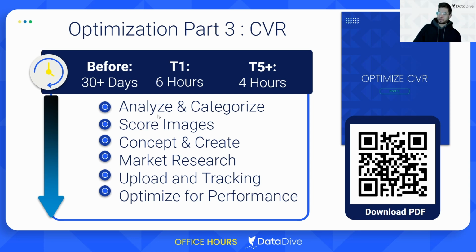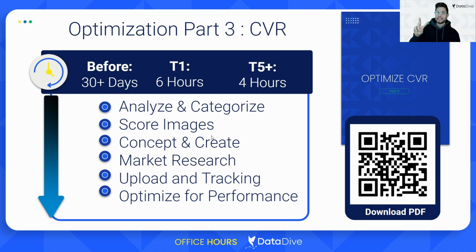The steps from a broad standpoint, and we're going to dig into this a little more, are as follows. So first, you're going to analyze what's currently going on inside of your niche. You're going to look inside Deep Dive, and you're going to look inside the AI product brief. And the big step one is you're going to categorize all of your images by type. Once you've categorized all of your images, you're going to then score the images.